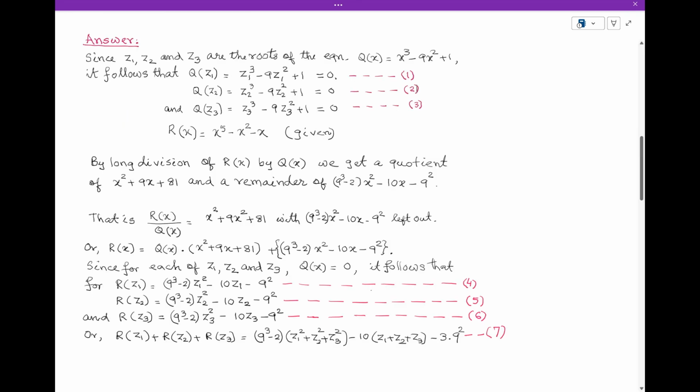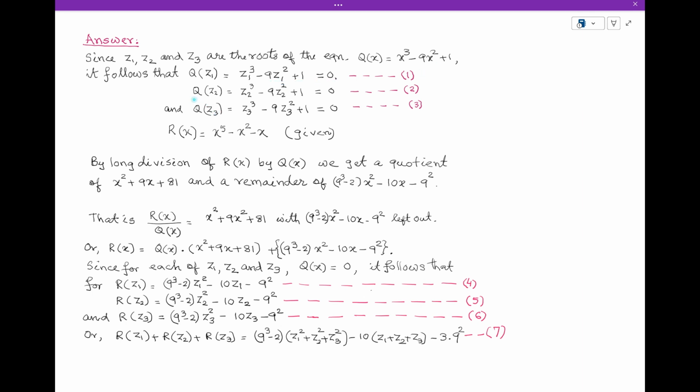Since g1, g2 and g3 are the roots of the equation Q(x) is equal to x cubed minus 9x squared plus 1, it follows that Q(g1) is equal to g1 to the power 3 minus 9 g1 squared plus 1 is equal to 0. Let us call it equation 1.